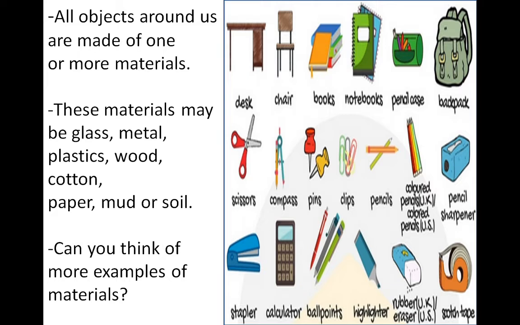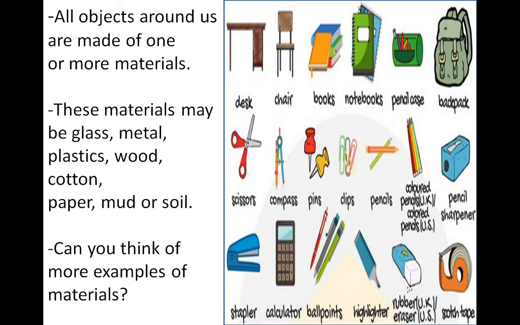For example, steel is used to make knives, utensils, cars, buildings, bridges, etc. So one material can be used to make different kinds of objects.